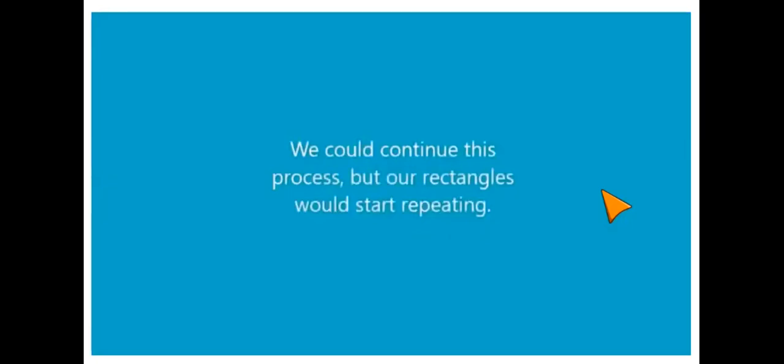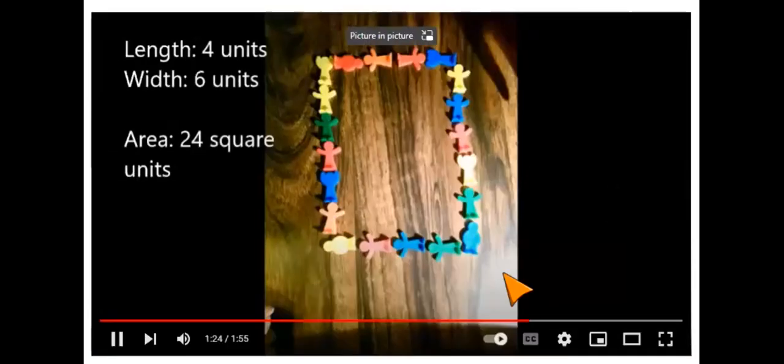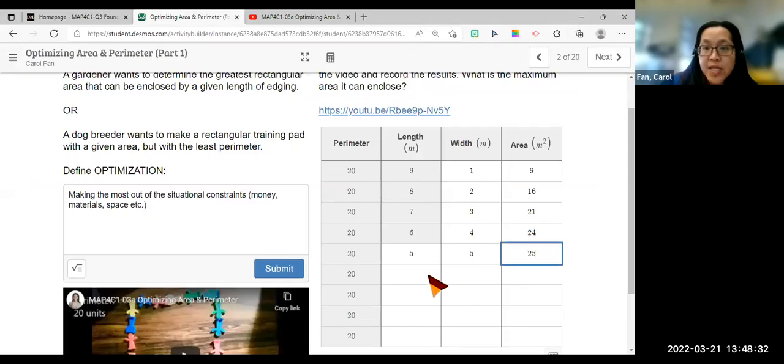So we could continue this, but really I don't have to, because I know that things are going to start repeating itself. If I stretch the width to 6 units now, my length would be 4 and I would have the same as I had before. So 4, 6, 24.